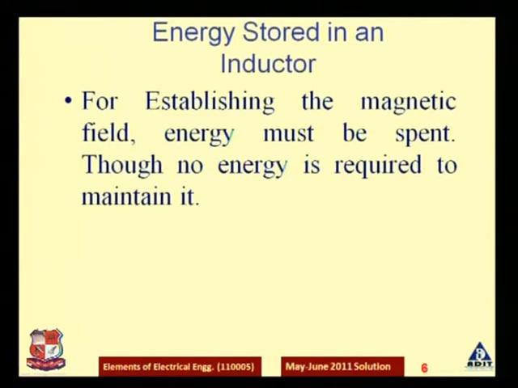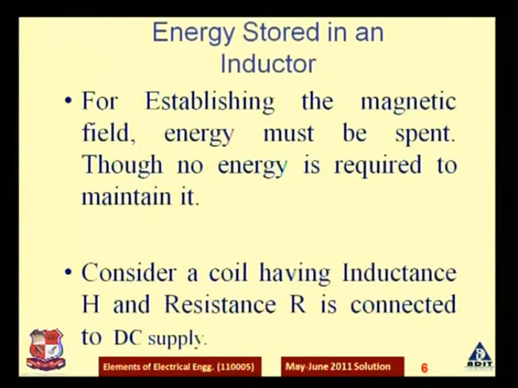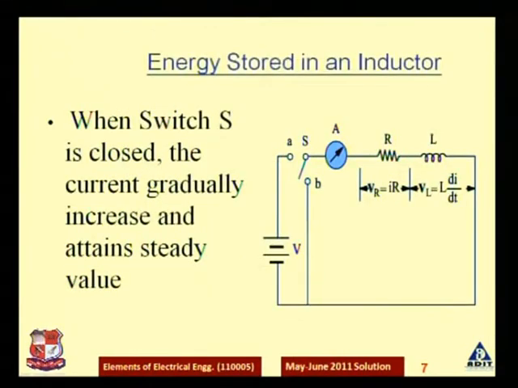For establishing the magnetic field, energy must be spent, though no energy is required to maintain it. Consider a coil having an inductance L and a resistance R connected to a DC supply. So friends, you might have a circuit like this. Here you have an inductor, a resistor and an ammeter connected with a V volt battery.